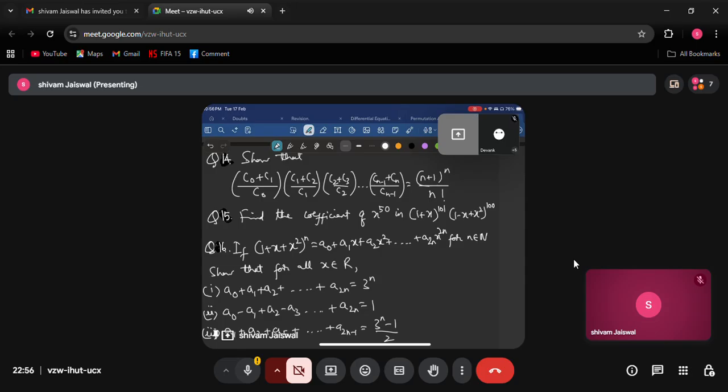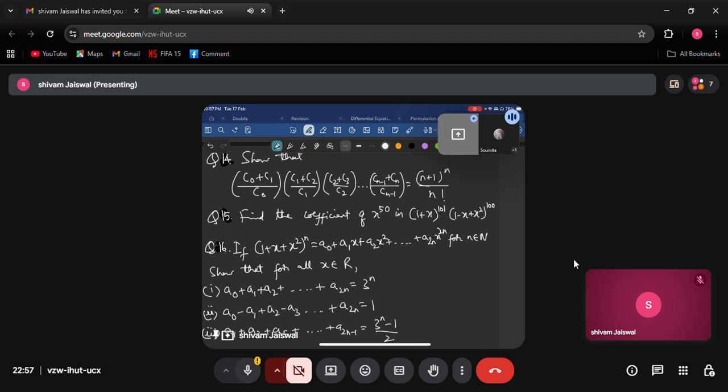Okay. Hello, Shomita. Yes, sir. Shomita, somewhere you wrote n plus 1 whole factorial divided by n factorial is equal to n plus 1. What was that? Shomita, you wrote n plus 1 whole factorial divided by n factorial is equal to n plus 1.